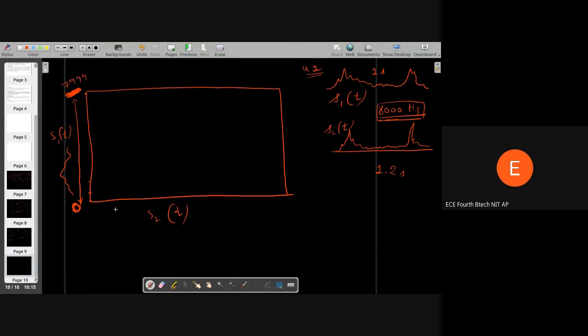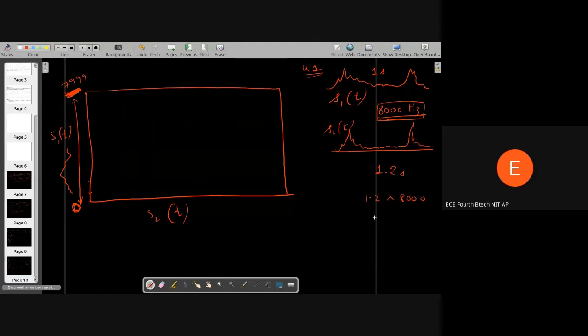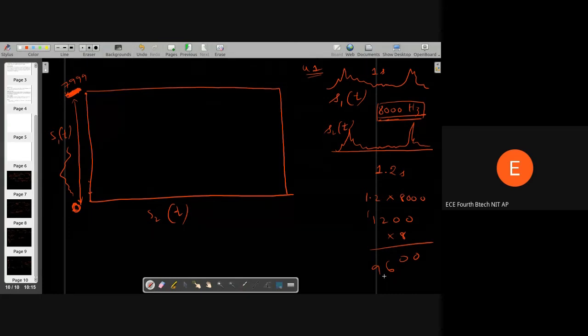And what will be 1.2? 1.2 into 8,000, how many samples? 1200 into 8 is 9600. So 9600 samples are there.